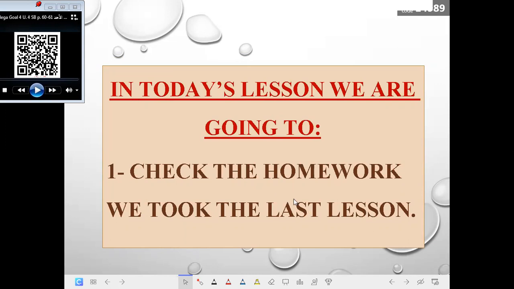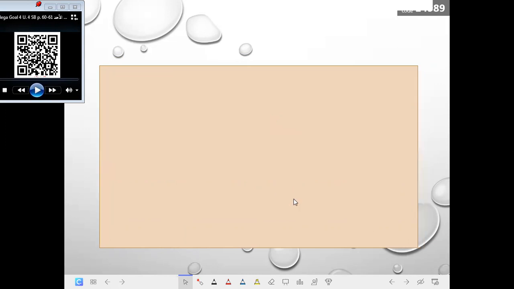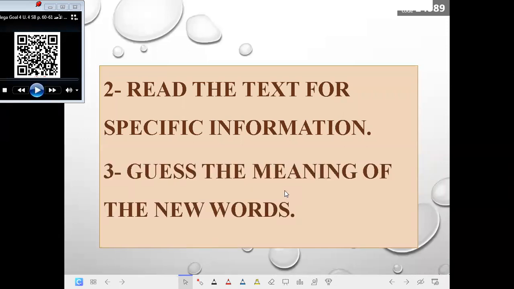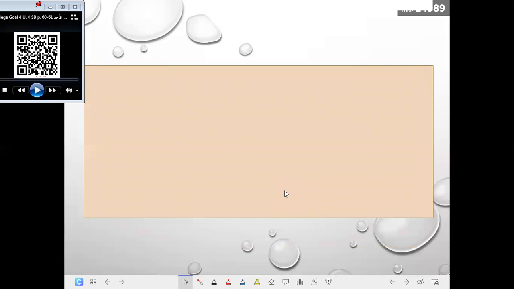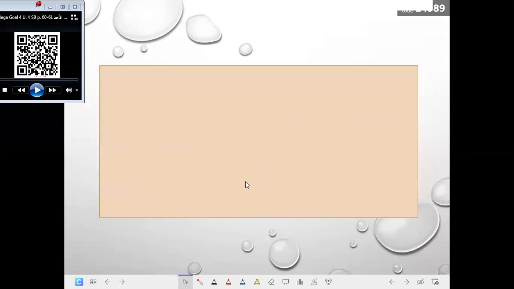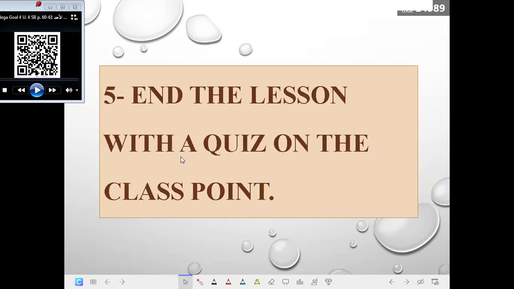This is the first part of the lesson. The second part is to read the text for specific information. Number three, guess the meaning of the words. And number four, discuss some questions related to the reading text. And the last part of the lesson is a quiz on the class point. Okay.